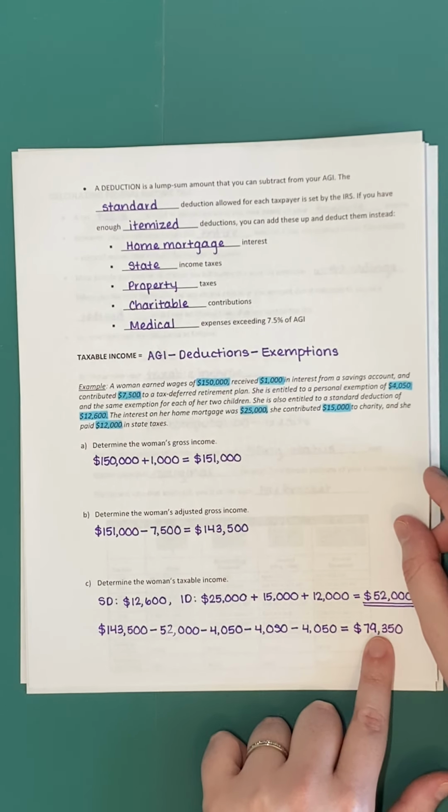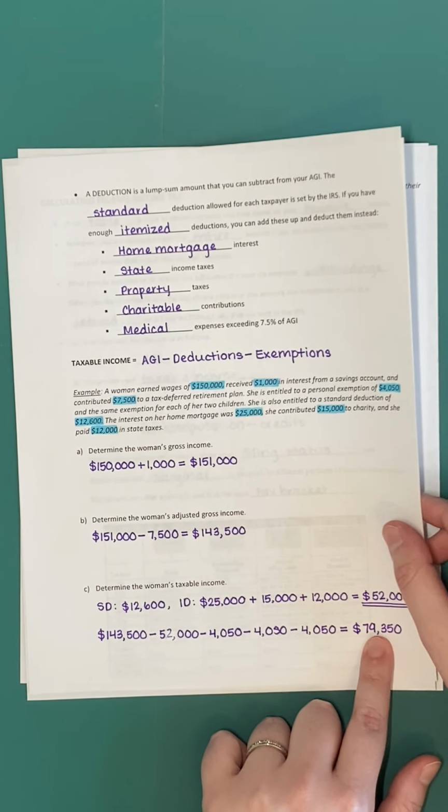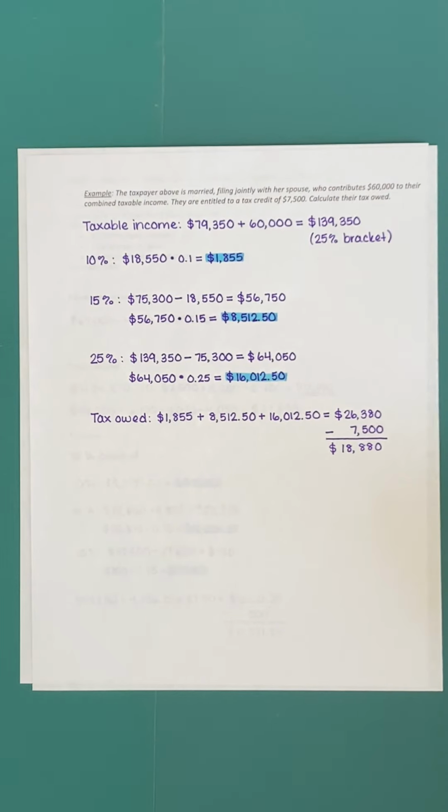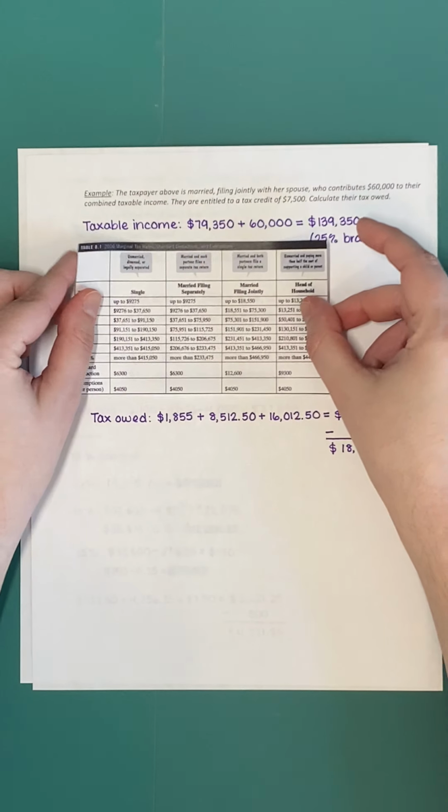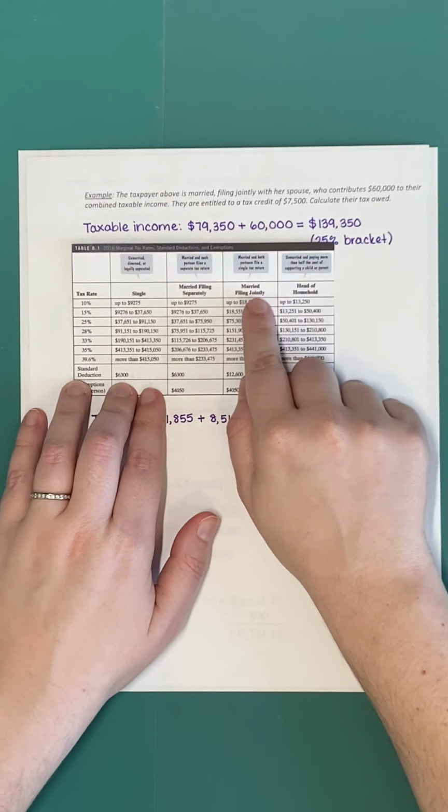So we're basing the tax computation off of that value. Now the taxpayer is married, and this person is filing jointly with her spouse, who also contributes $60,000 to their combined taxable income. So for tax purposes, what that immediately tells us is that we're married filing jointly.